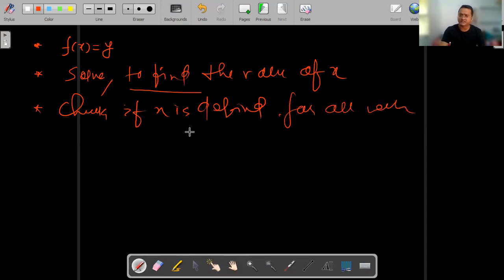Getting it? Once you find the value of x, you have to check that x is defined for all values or not. If it is defined, then you can say that this is an onto function, and if it is not defined, then we cannot say that this is an onto function. So one example we will do, then our concept will be cleared. Okay. So let's say one example.